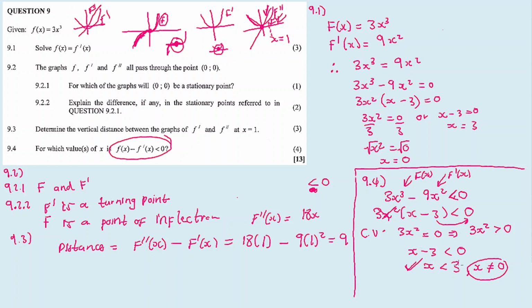The x equal to 0 will make the inequality untrue because there's no equal sign. So our solution for 9.4 is x less than 3, but x must not be equal to 0.